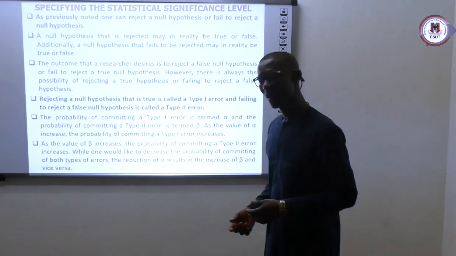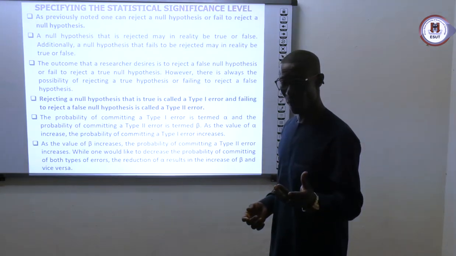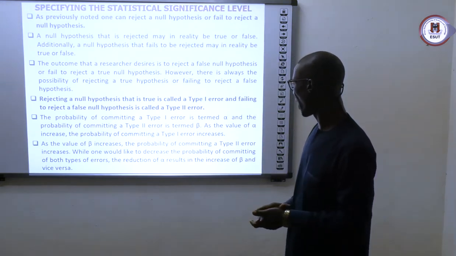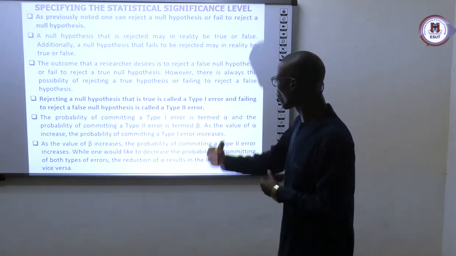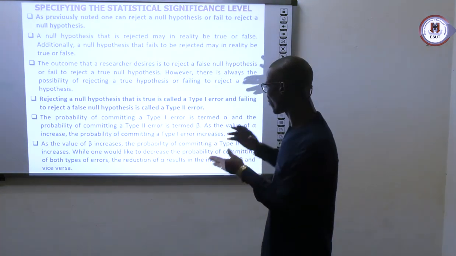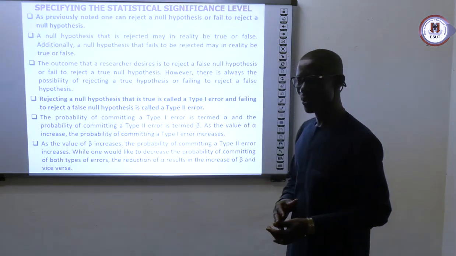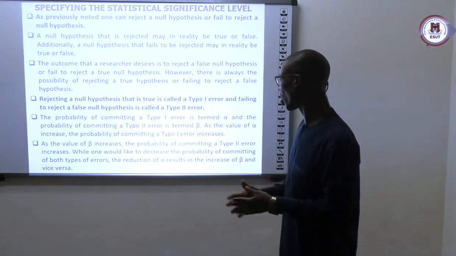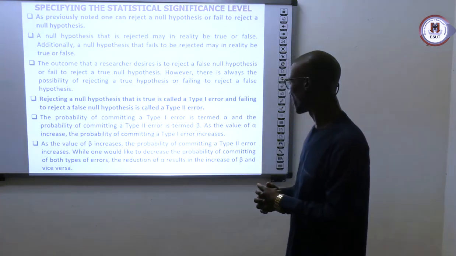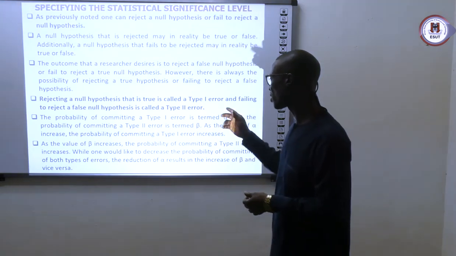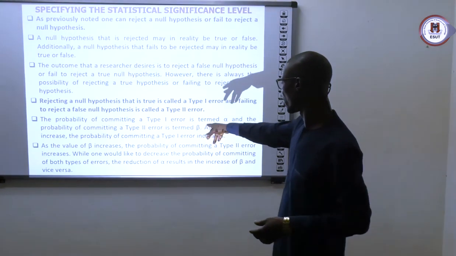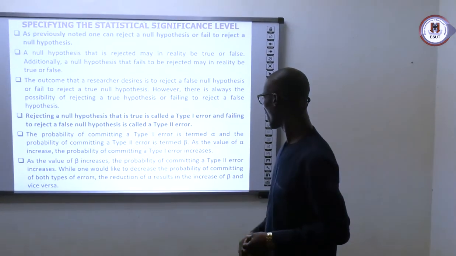Committing a type 1 error is a problem, because it means that your outcome and your conclusion are totally biased. But again, in trying to avoid committing these errors, the size of alpha matters a lot. Here the probability of committing type 1 error is represented by alpha, while the probability of committing type 2 error is represented with what?